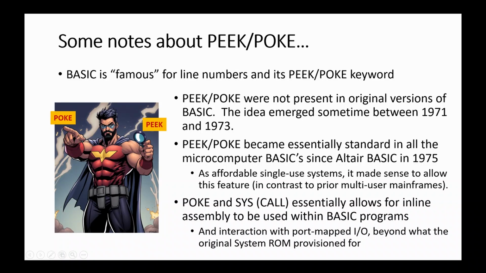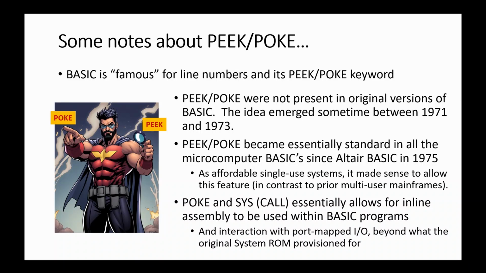When BASIC was developed in the mid-1960s, multi-user operating systems were being developed right at that time. Computers were so expensive, it was kind of unthinkable to have an idle computer. You always wanted to have users doing something on that computer. So from the get-go, they built the systems to be multi-user. And so peek and poke doesn't really work in that context.